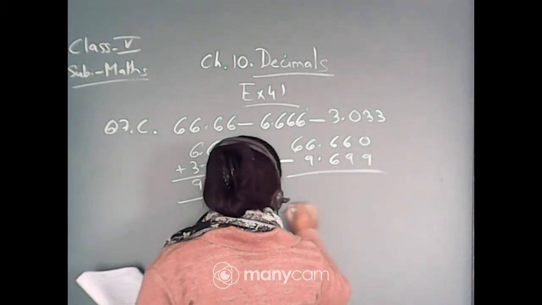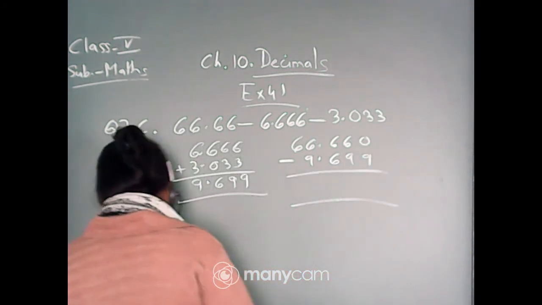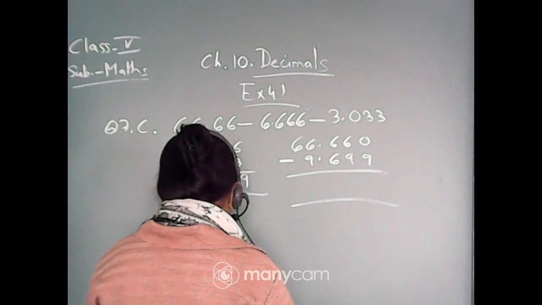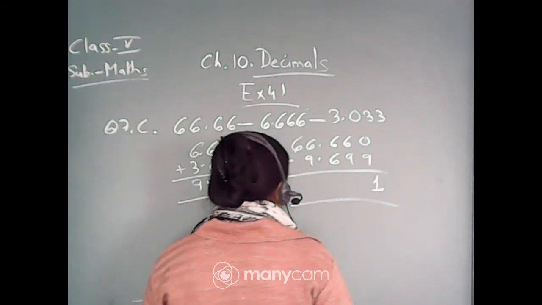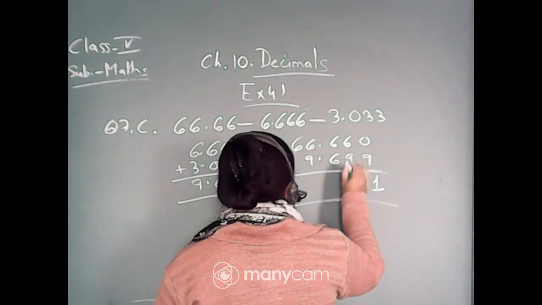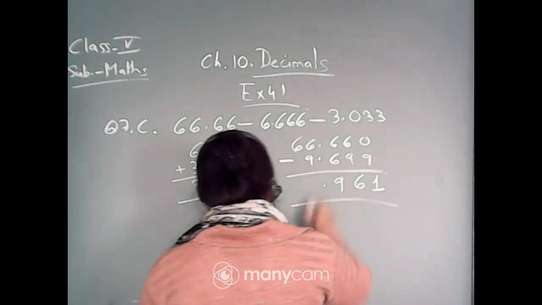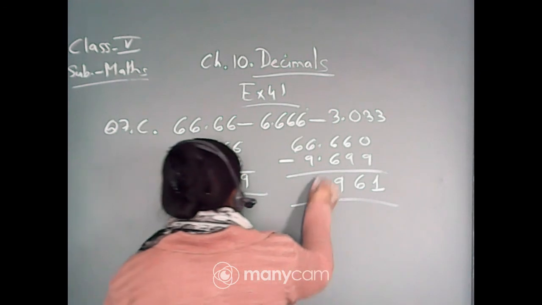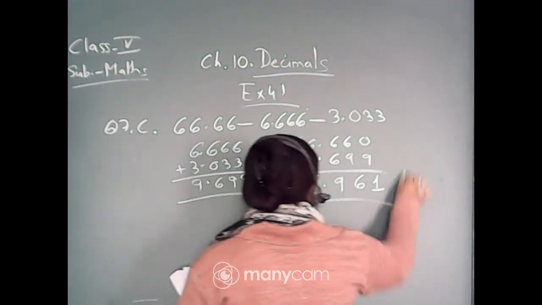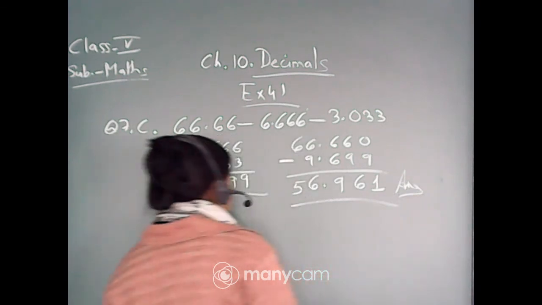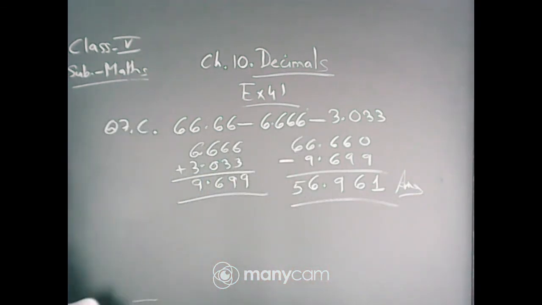Make it zeros to make it like decimals. So subtract 10, carry 1, 16, carry 1, 9. 56.961 is the answer.